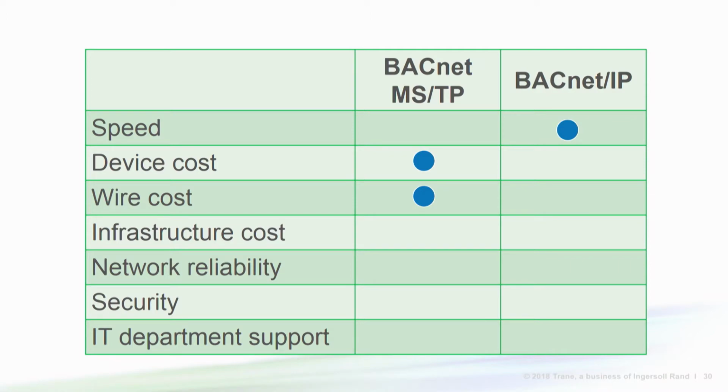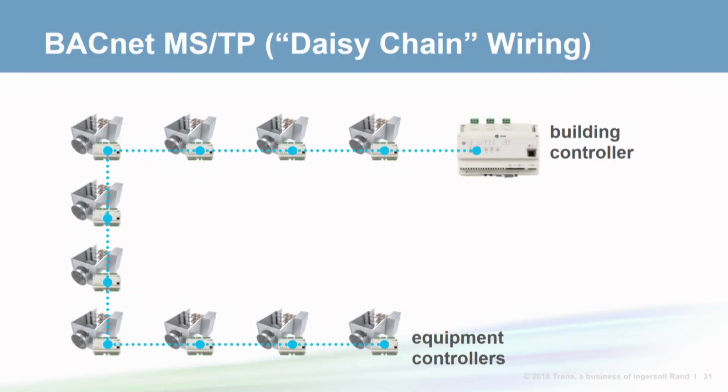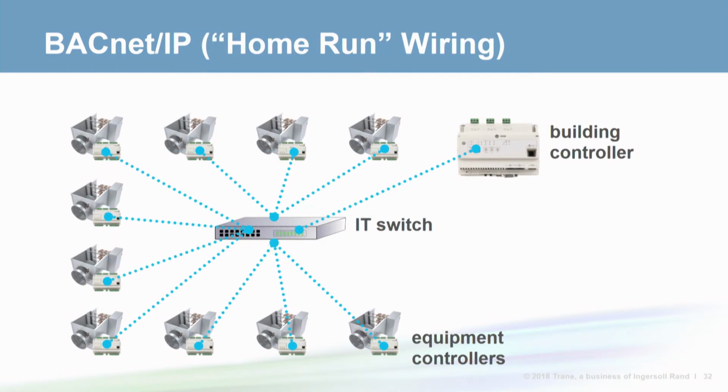How about infrastructure cost? As an example, let's say we're going to connect 40 VAV boxes to the network. With twisted pair wire, I just need to daisy chain from one box to the next and eventually to the building controller or to a BACnet router to make the connection to the building controller. With Ethernet cable, I need to pull wire from each device to an IT hardware switch somewhere in the building.